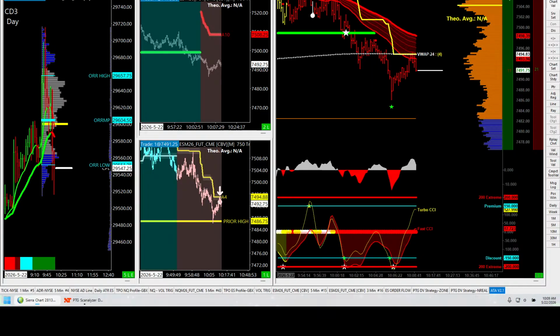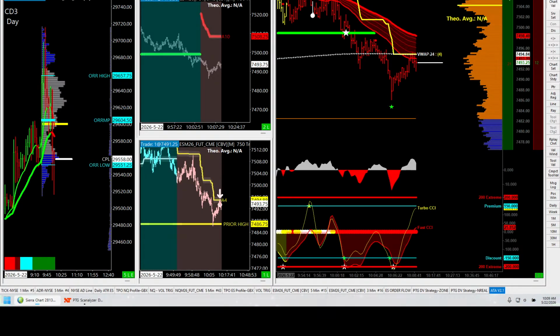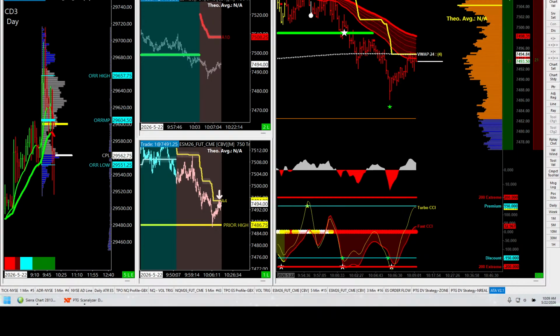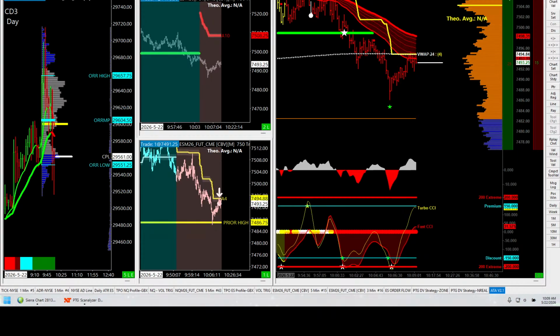So we'll see now. A further break below prior high would obviously push price back down into the range, and that could spark off some additional selling. So be watchful, mindful of that.